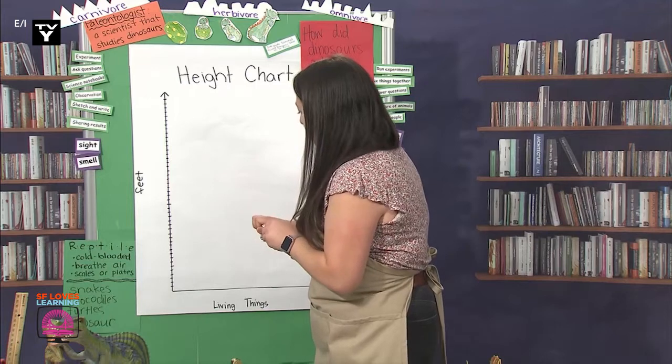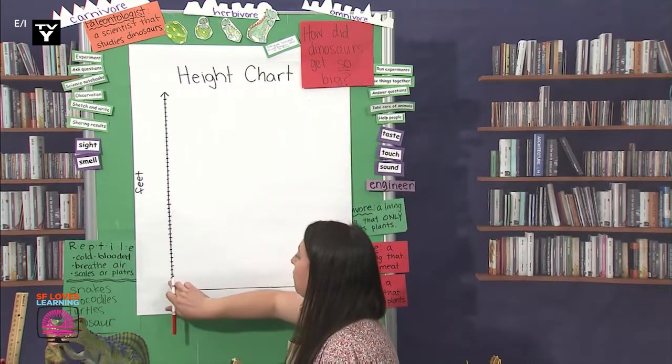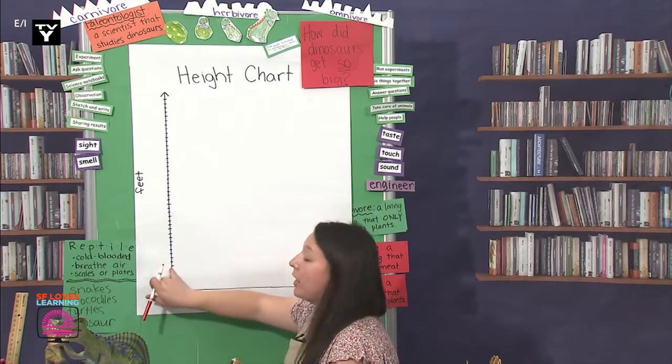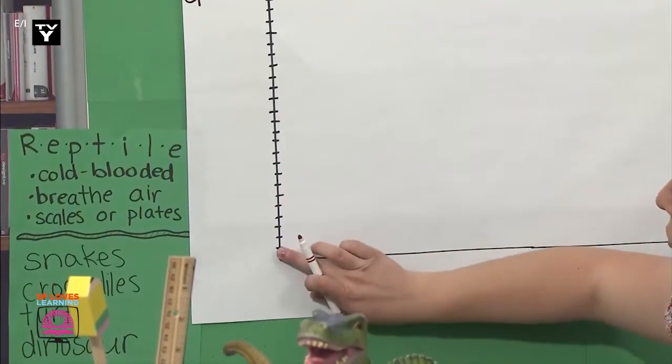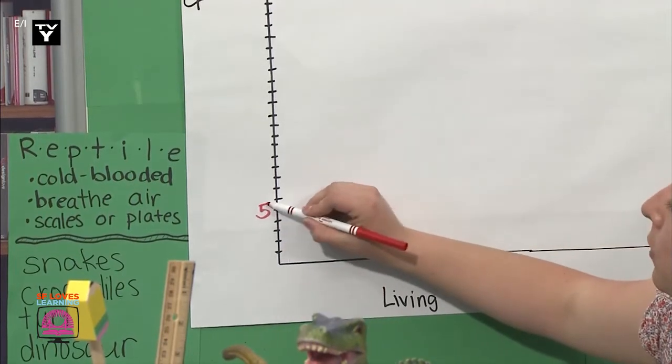All right, so I'm gonna number these one by one, but I think I will just write every fifth one. So we're gonna count 1, 2, 3, 4, 5, and put a 5.